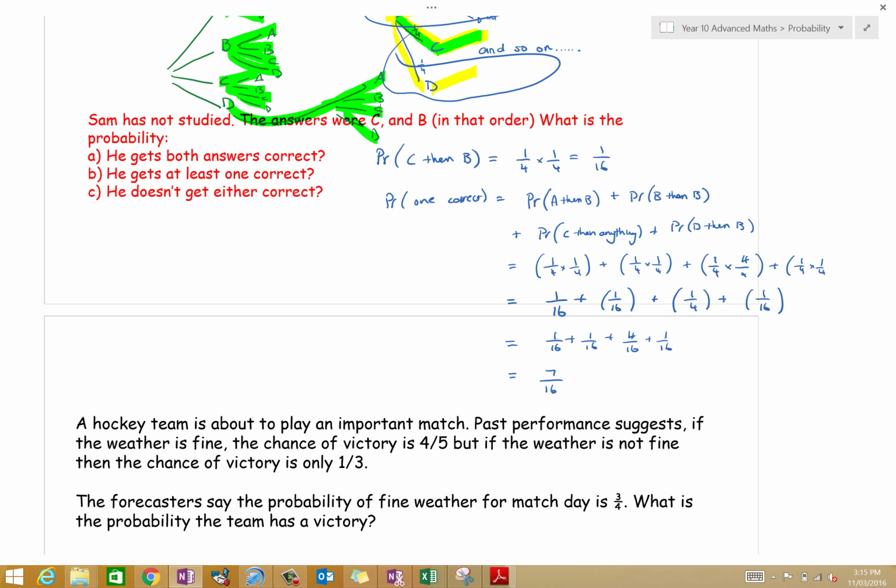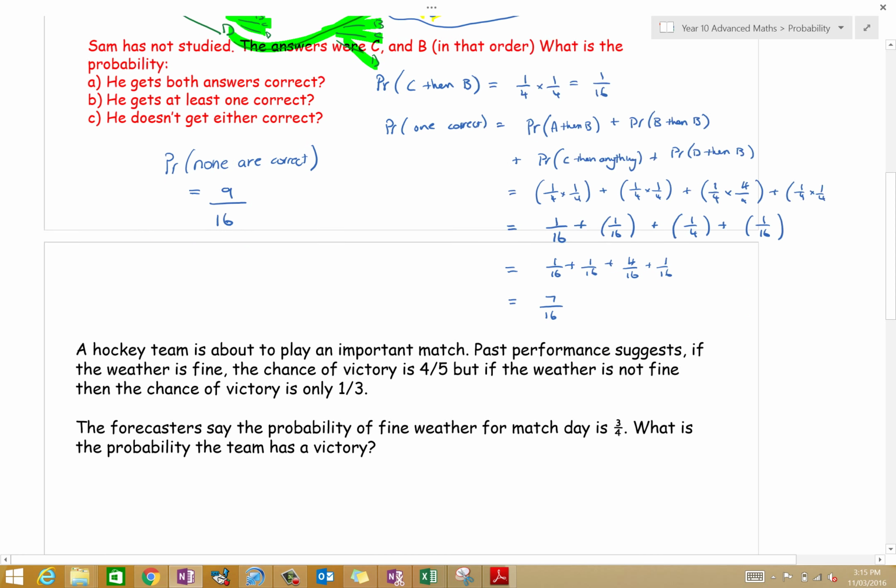So therefore, by using the tree diagram, you can say that the probability that none are correct is equal to 9 out of 16. You could multiply the probabilities together, but using the tree.